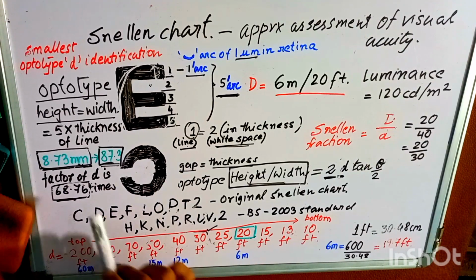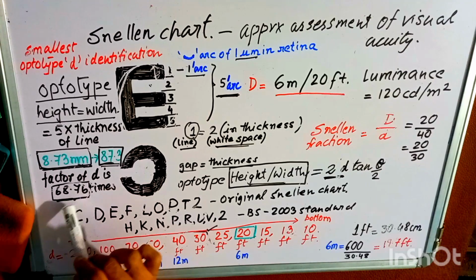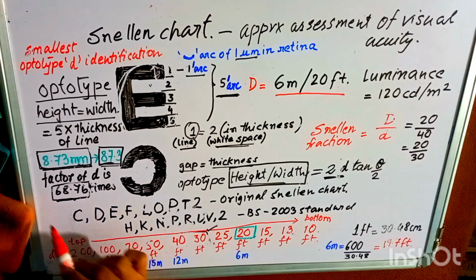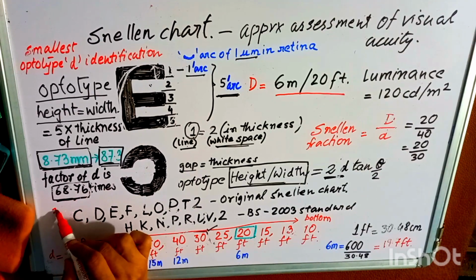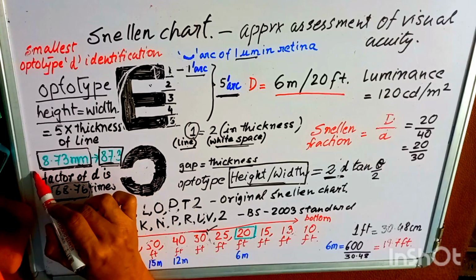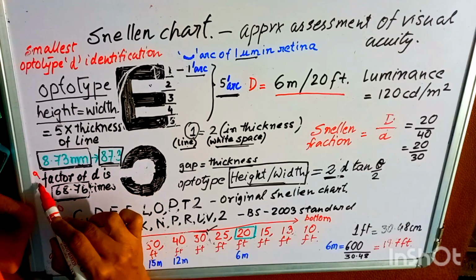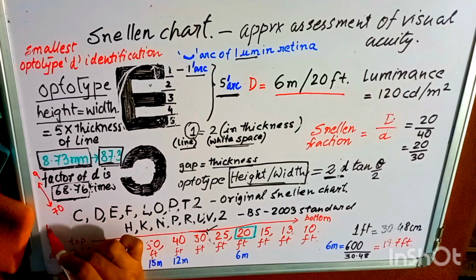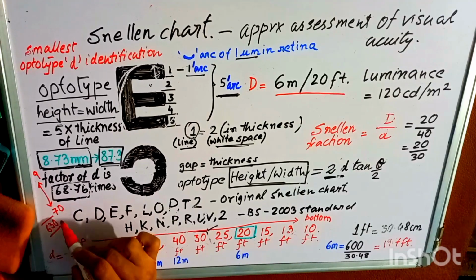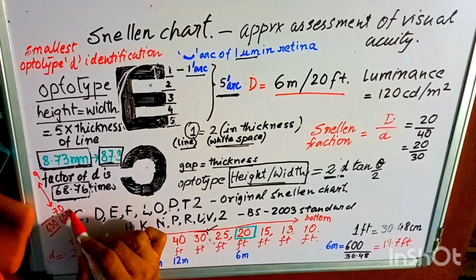So if it is 68.7 times 8.73, I approximate 68.7 as 70 and 8.73 as 9. So 9 times 70 is around 630. That means it is around 600 millimeters.